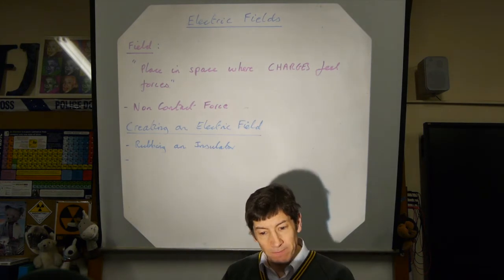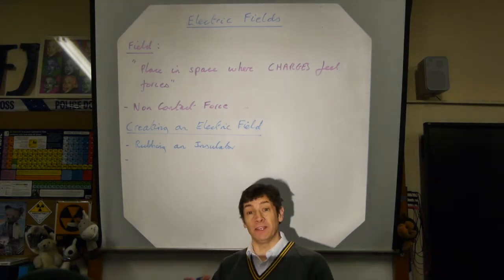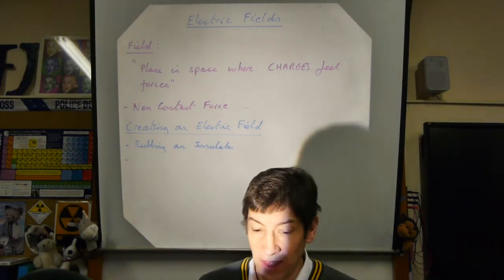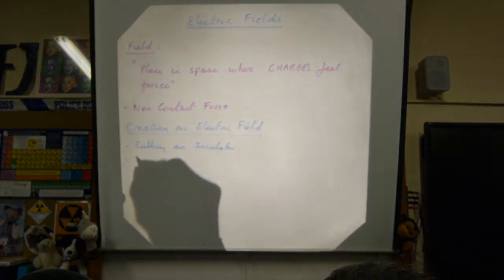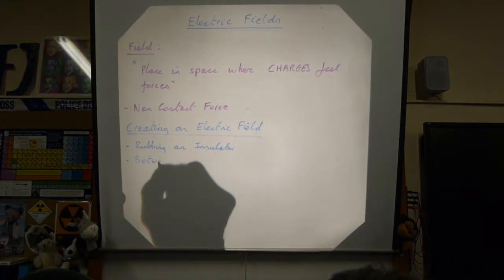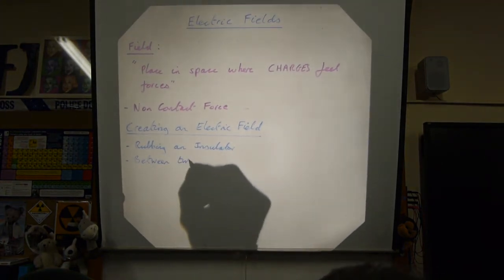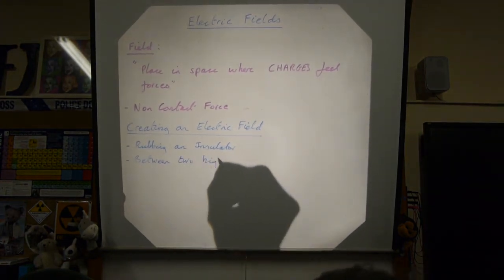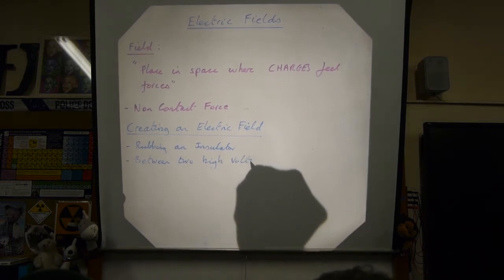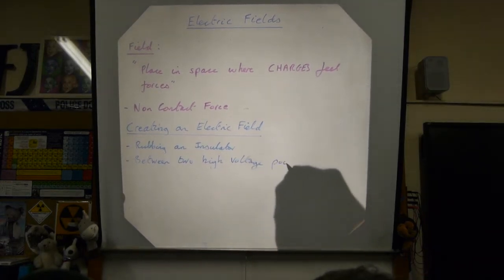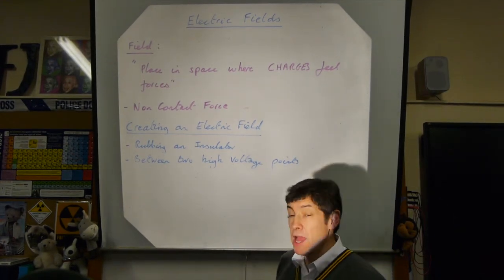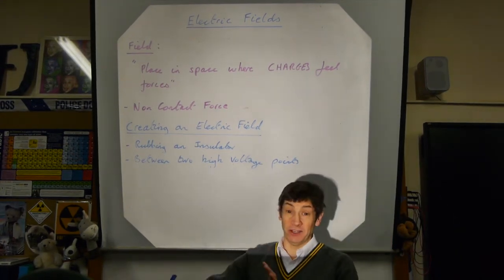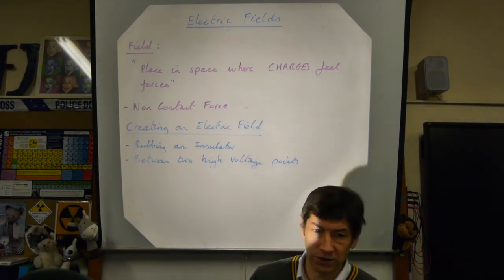So between them, you've got a high potential difference, a high voltage, and that creates an electric field. So we can create an electric field between two high voltage points. Obviously, what you understand by that is a high voltage potential difference between those points.